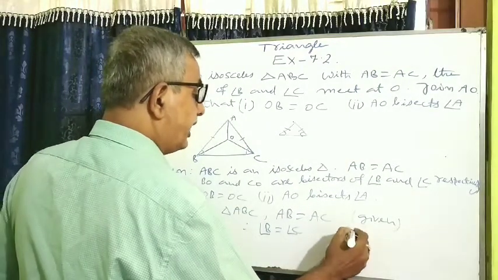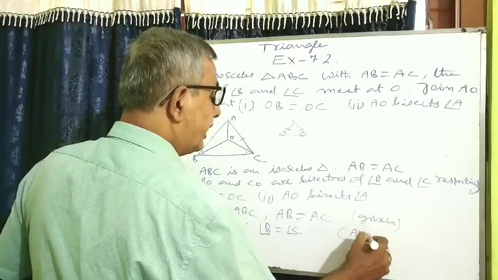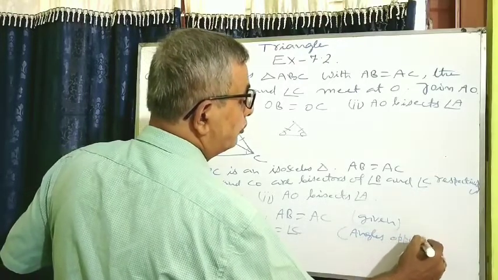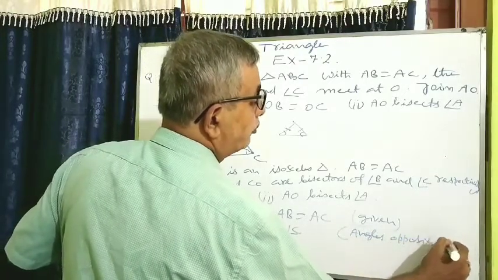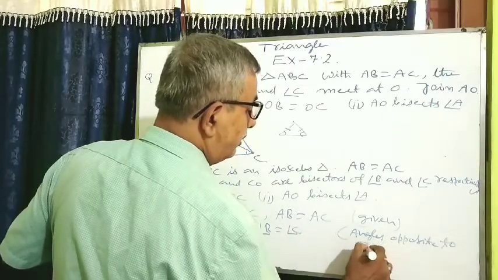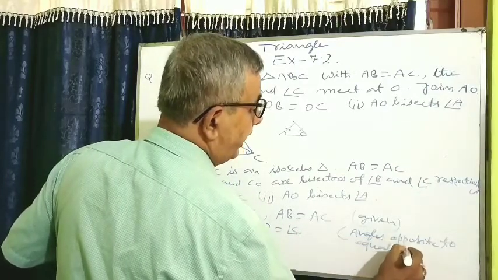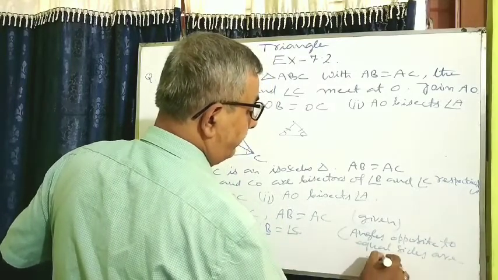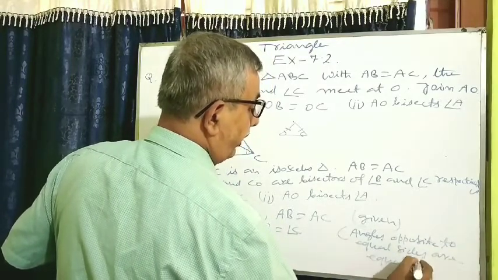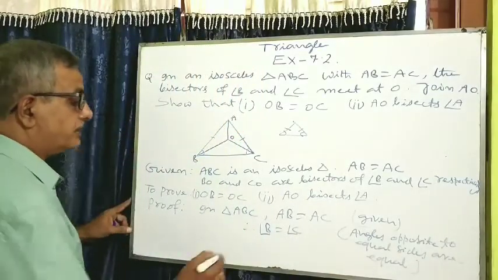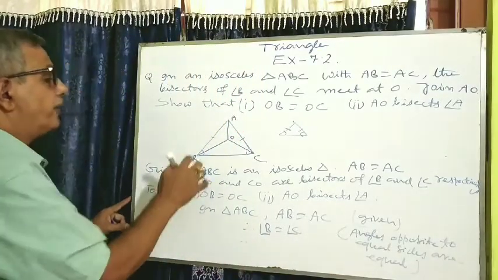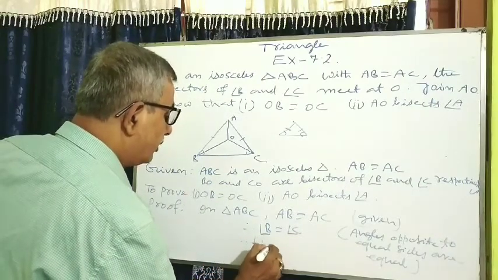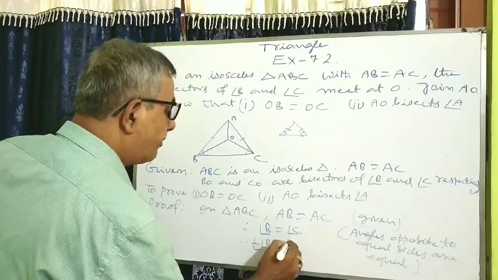What will be the reason? Angles opposite to equal sides are equal. Okay. After that, therefore, if angle B is equal to angle C, so half of B is equal to half of C. Both sides you multiply by half.